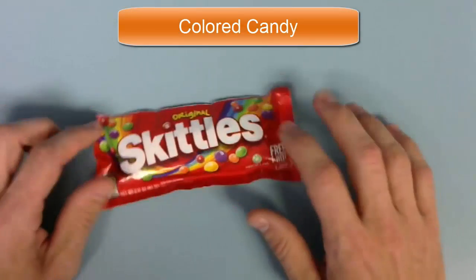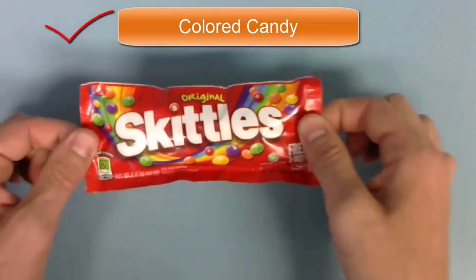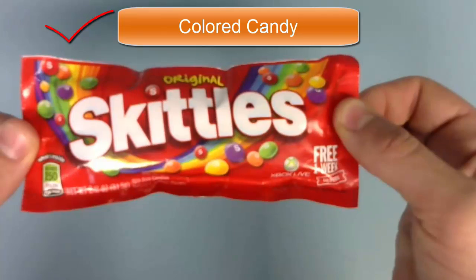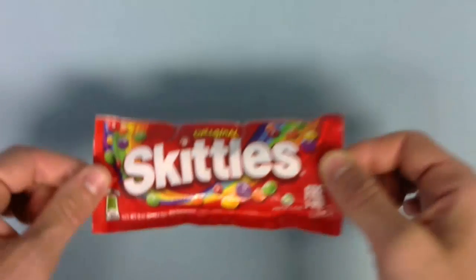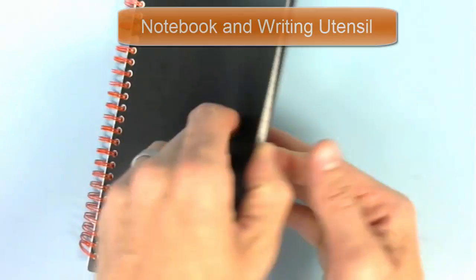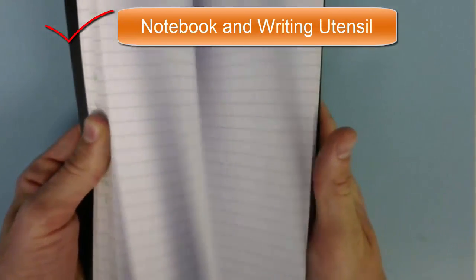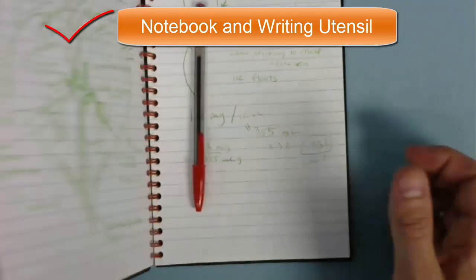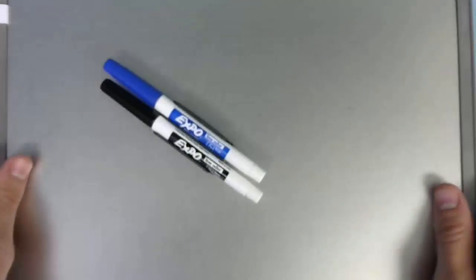Thirdly, you'll need a bag of colored candy. I chose Skittles. Taste the rainbow. You'll also need a handy-dandy notebook and a writing utensil. There's mine. I'm going to write my notes on this whiteboard.